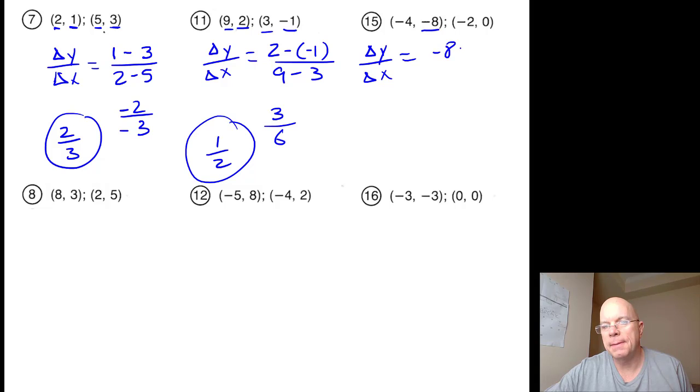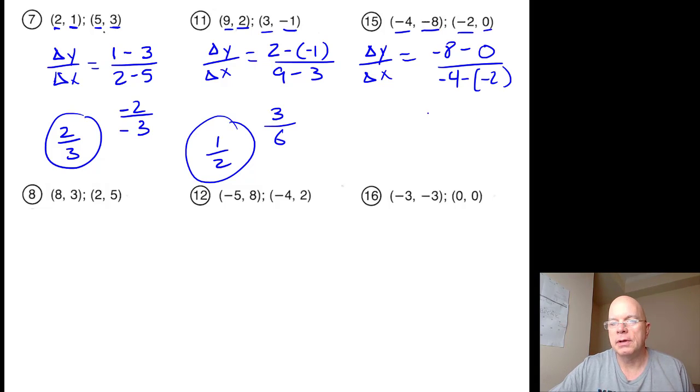Negative 8 minus 0 over negative 4 minus negative 2. Negative 8 minus 0 is negative 8. Negative 4 minus negative 2 is the same as negative 4 plus positive 2, because subtracting is the same as adding the opposite. And that would be negative 2. And negative divided by negative is positive, and 8 divided by 2 is 4.